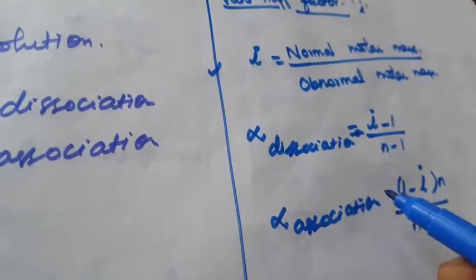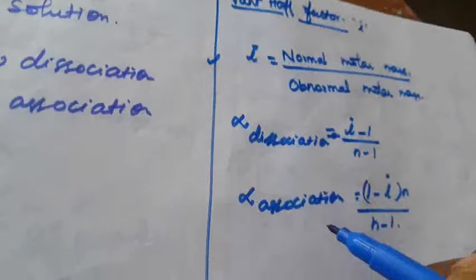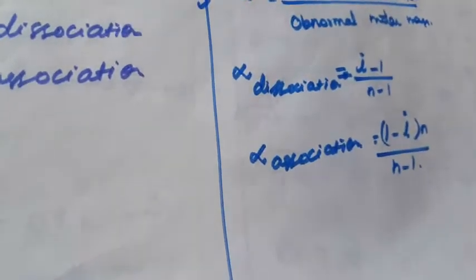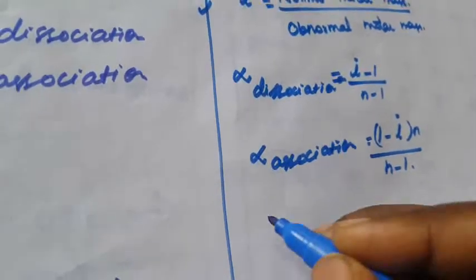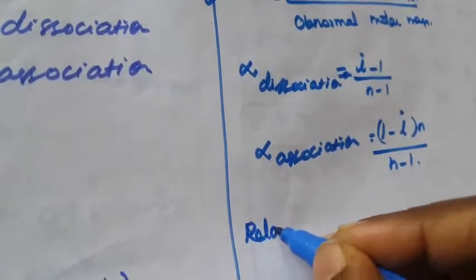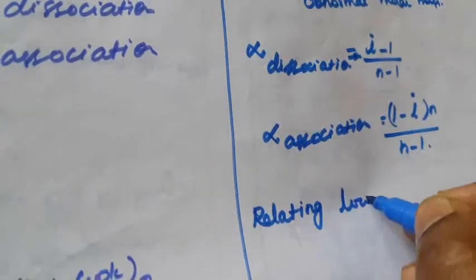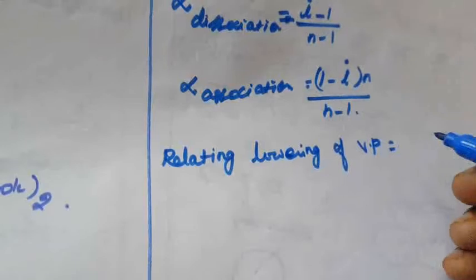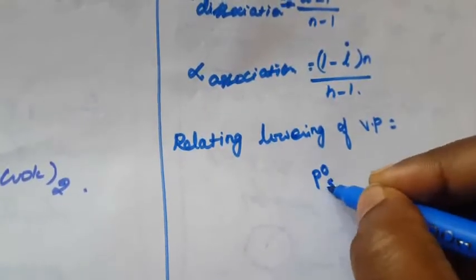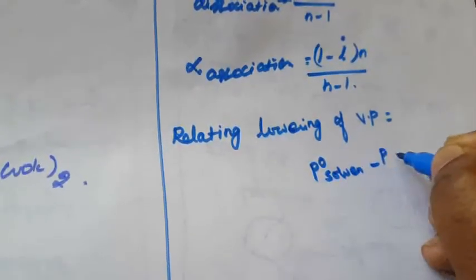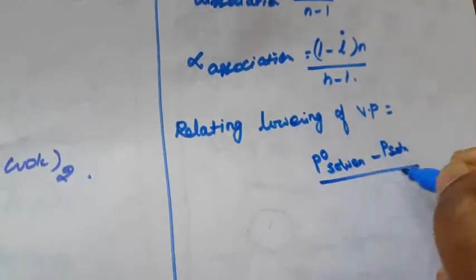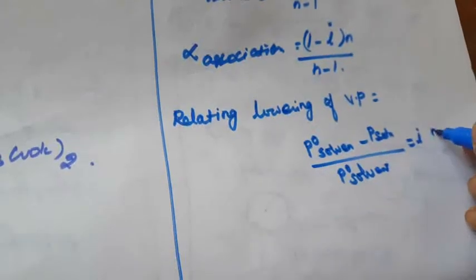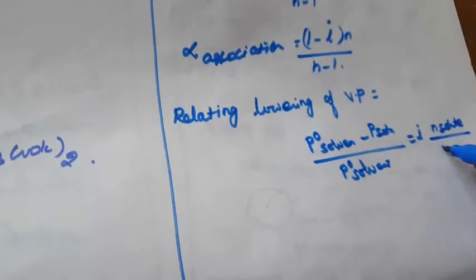These equations relating the four colligative properties to the concentration of the solute can be rewritten: depression or lowering of vapor pressure, elevation of boiling point and depression of freezing point. The relative lowering of vapor pressure, (P0 solvent minus P solution) divided by P0 solvent, is equal to i into N solute divided by N solvent.